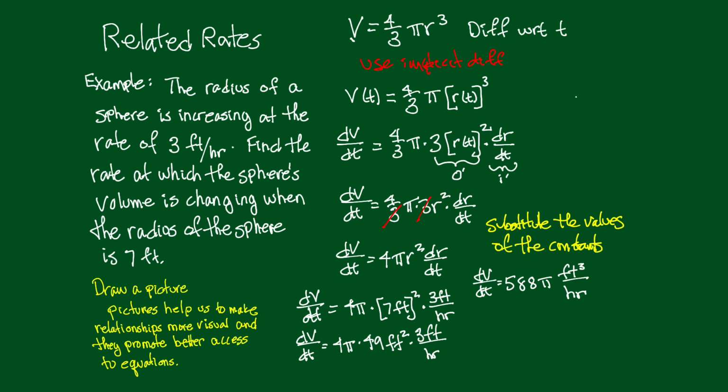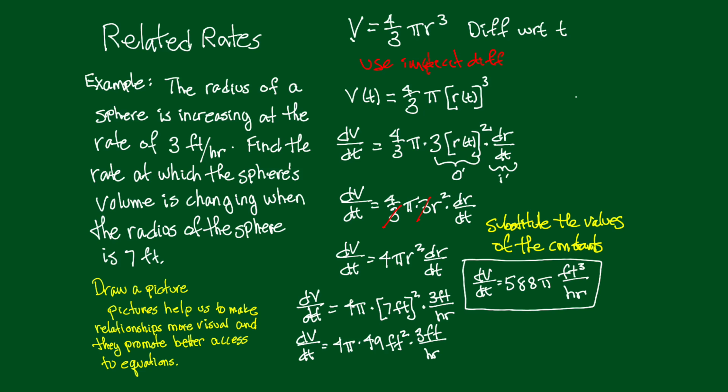When the radius is 7 feet, it's changing at 588 pi cubic feet per hour. Cubic feet is a volume, so our units match. It's a rate because it's cubic feet per hour. We could put in 3.14 to get an approximation, but we're good. Let's just claim that that is our solution.